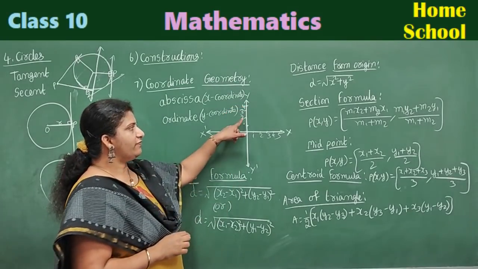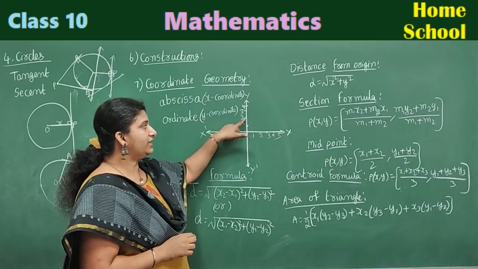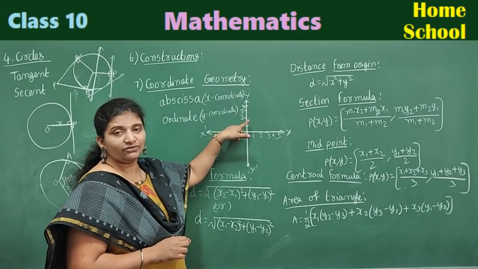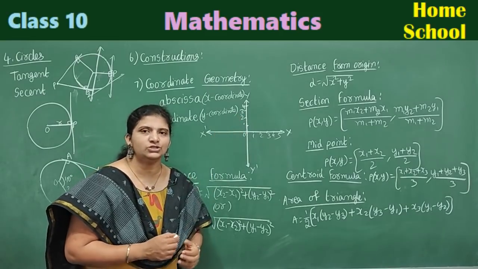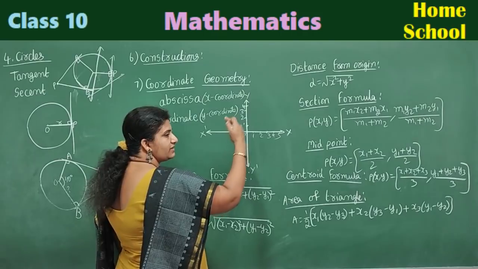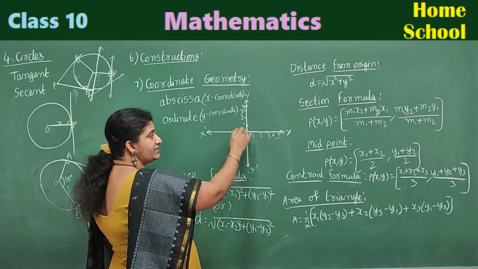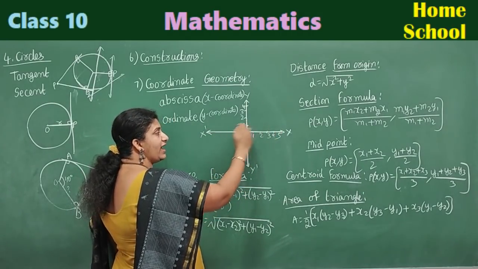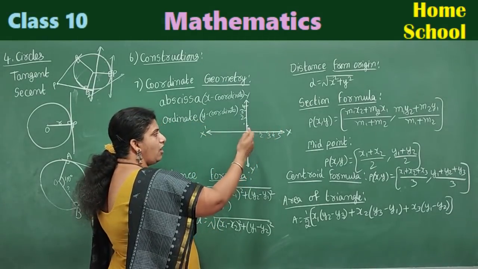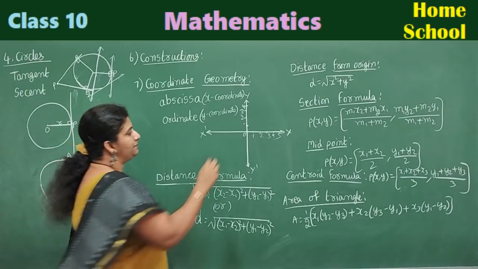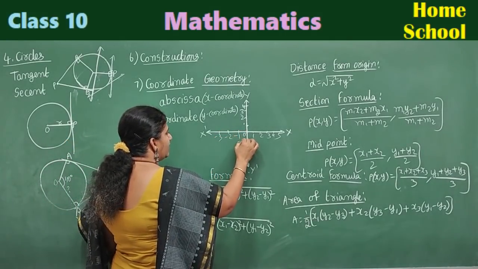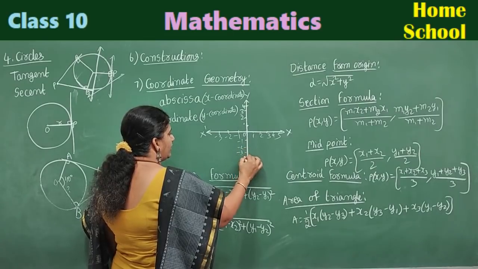Okay, so if I say this one, it is at 2 units distance from the x-axis and the ordinate value is 2, or the y coordinate value is 2. Okay, is this clear? So you can say abscissa this side or this side. It is a point's distance from the y-axis, any point it might be, either on the positive scale or the negative scale: -2, -3, -1, -2. Okay.